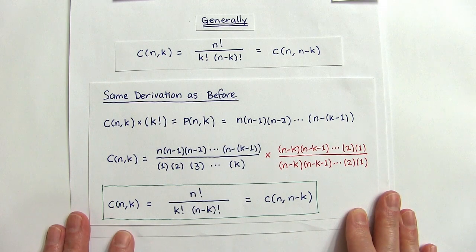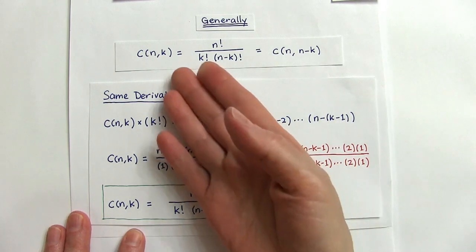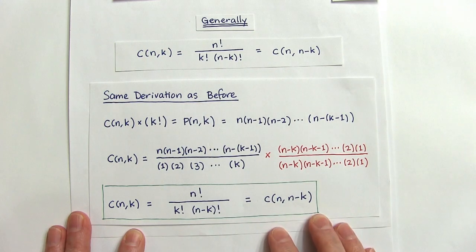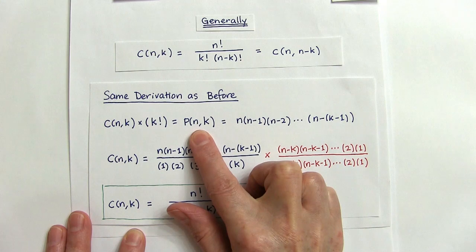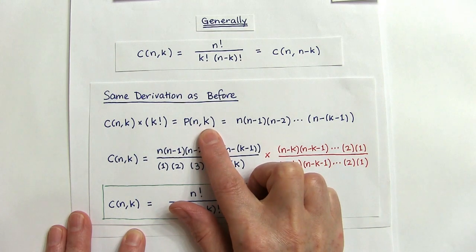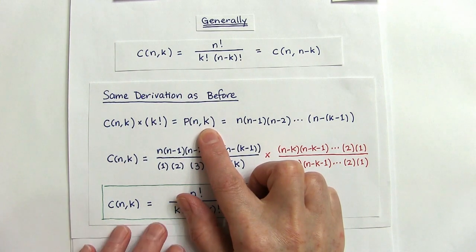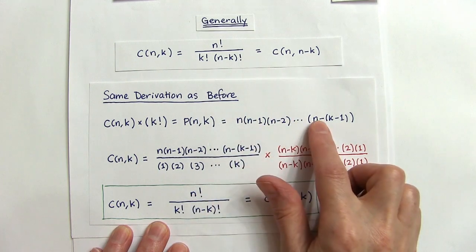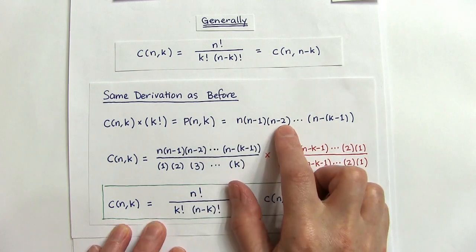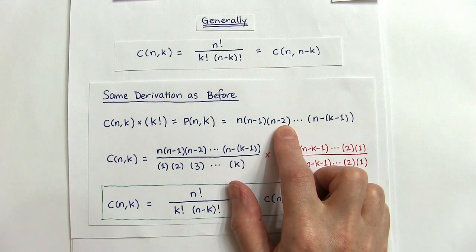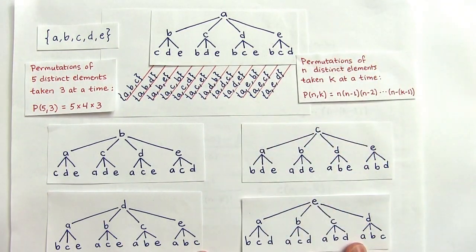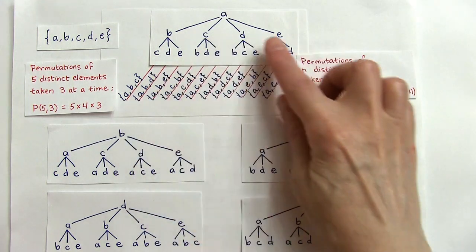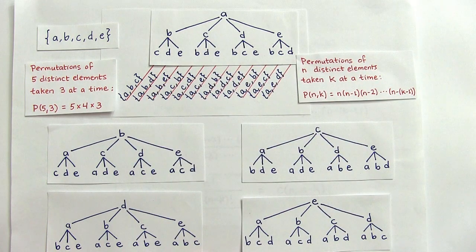In case you wanted to know, the derivation for this formula is the same as before. The number of permutations of n distinct elements taken k at a time is equal, on the one hand, to this quantity, which is equal to the number of leaves in n distinct trees like this.